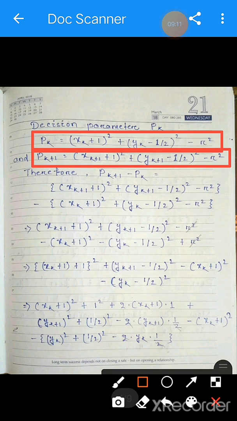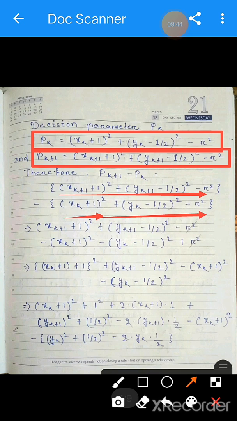Here we find the decision parameter, which tells us which next pixel point we can take. So pk plus 1 minus pk equals: this one is your pk formula, and this one is your pk plus 1 formula.